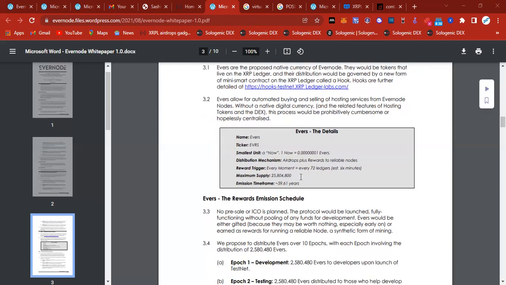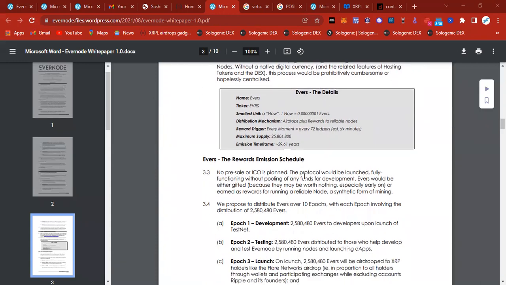So it's no ICO with this. The distribution of this token will be by the smart contract called Hooks. That's why we need the Hooks amendment to pass, because we won't ever get the token without it.